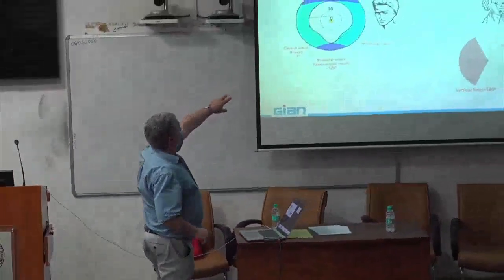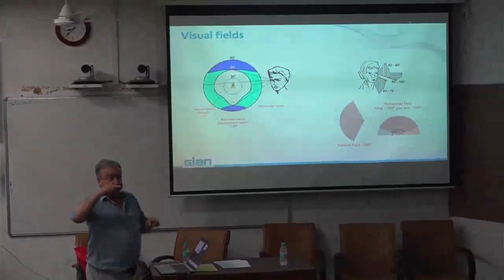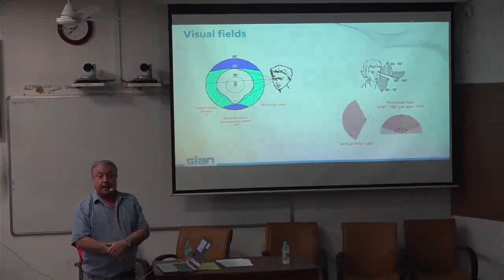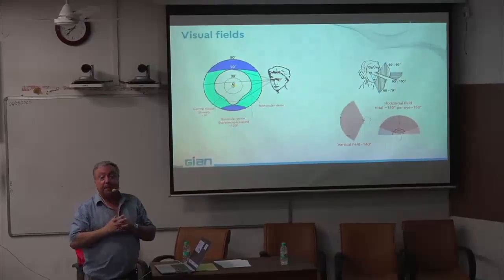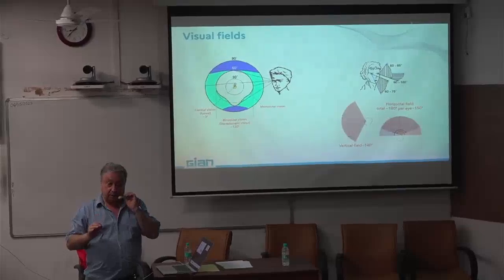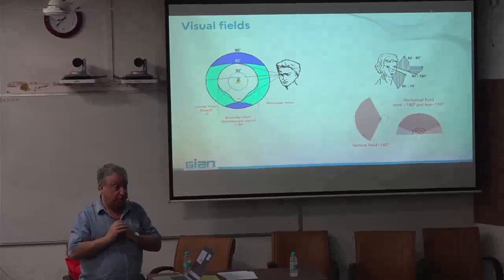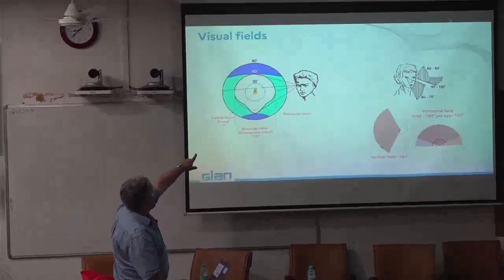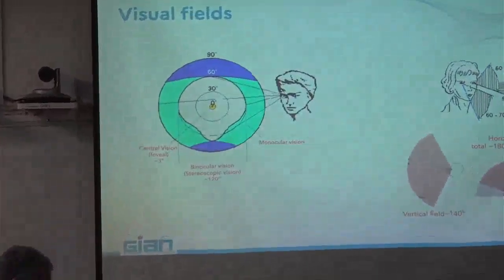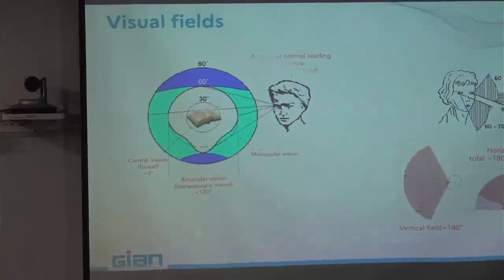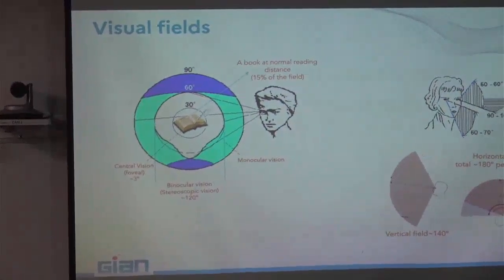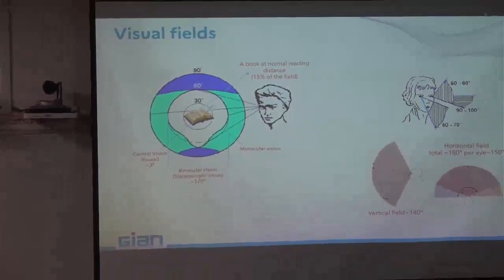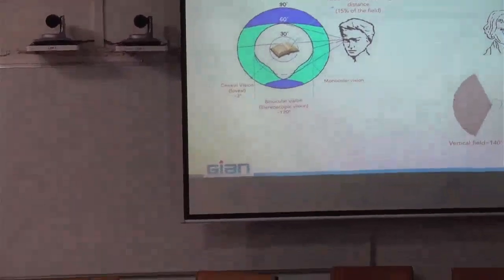Then you also have what we call the central vision, which is in the same line as the gaze, the place where you have the most precise vision and where you see the most color. We will discuss that. And then you have another circle around 30 degrees. 30 degrees at 20 centimeters is the size of a book. If you take a normal book at reading distance, you don't need to move your head to read.